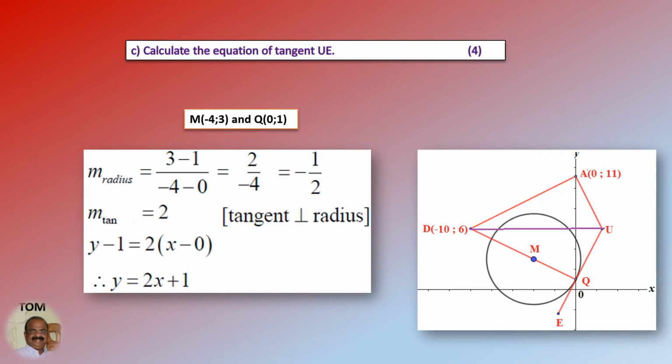The formula for the equation of a straight line is y minus y1 equal to m times x minus x1. The formula is available on the information sheet. We substitute the point Q, y minus 1 equal to 2 times x minus 0, which is simplified to y equal to 2x plus 1, the equation of the tangent.